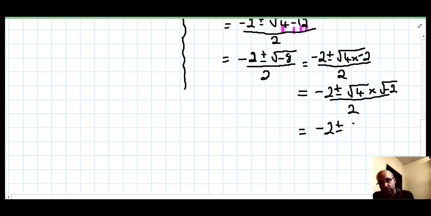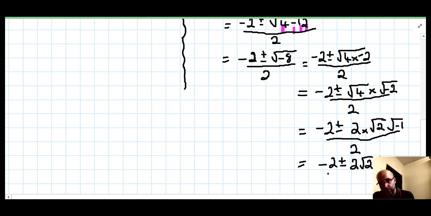The square root of -2 is the square root of 2 times the square root of -1 over 2, and we've got -2 plus or minus 2 root 2 i over 2.